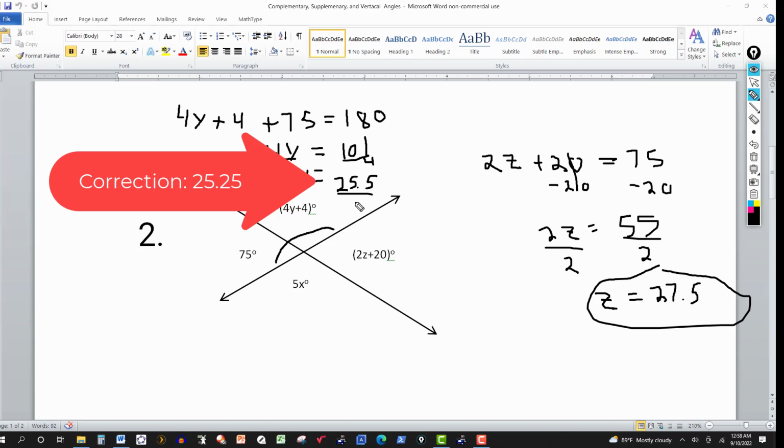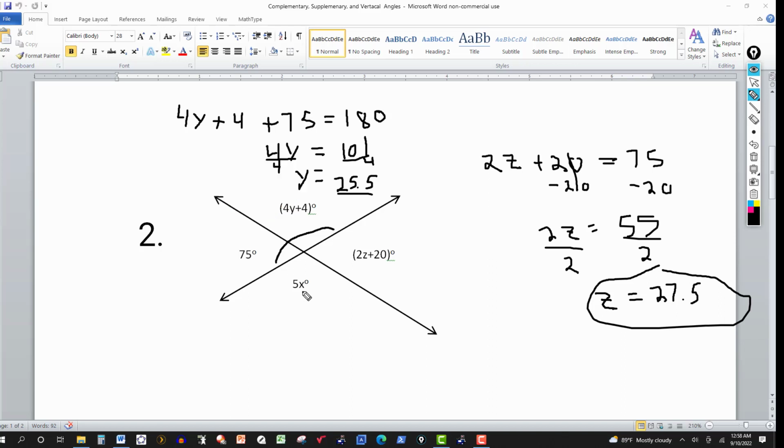The value of z to be 27.5. Now we need the x. So again, you can see 5x. Again, there's more than one way to do this. Now that I got the values for most of the variables, here I'm just going to say 5x and 75 are again a linear pair, or they're supplementary because they form a straight angle.